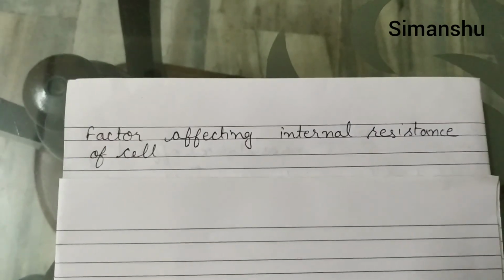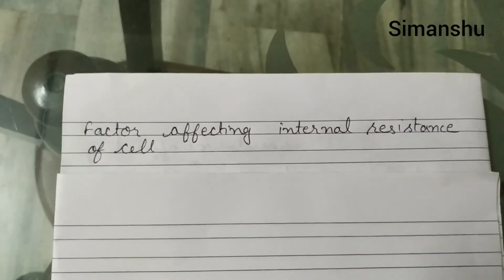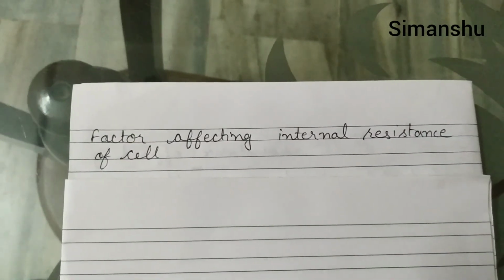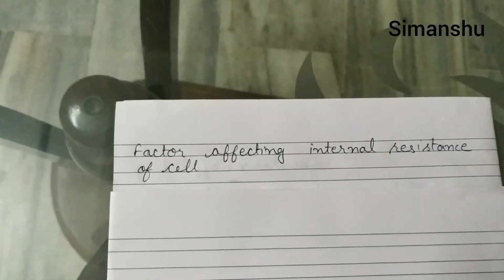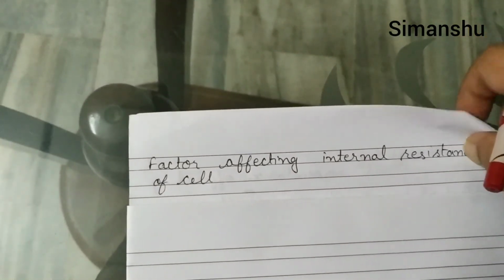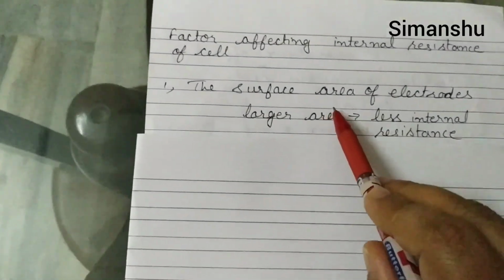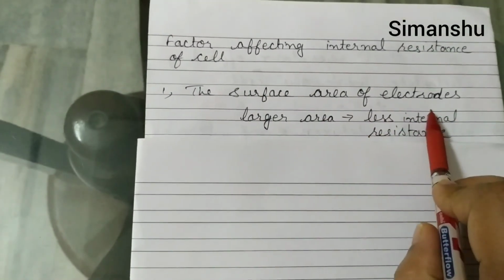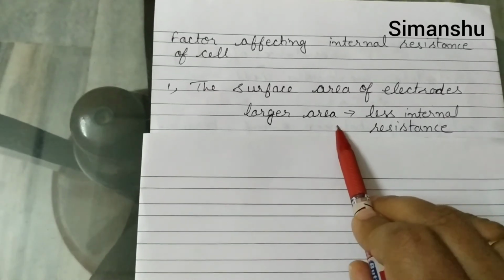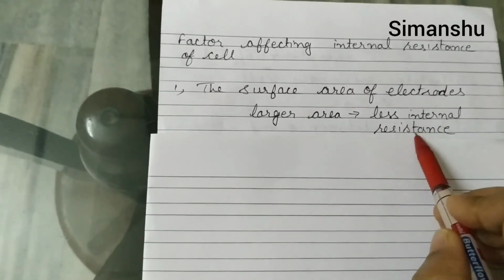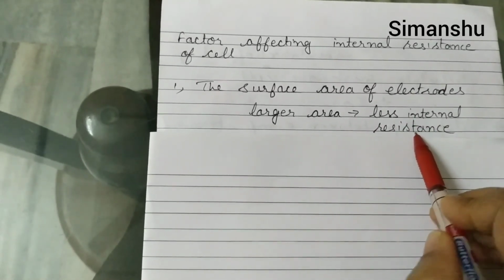Now let us talk about factors affecting the internal resistance of the cell. We are going to discuss 4 factors. First of all, the factor I have written is the surface area of the electrodes. The larger the area, the less the internal resistance. Why is it so?